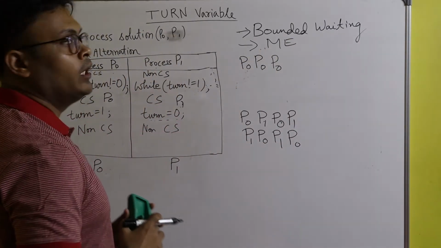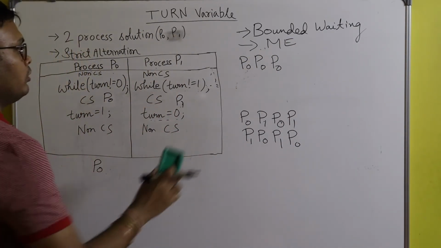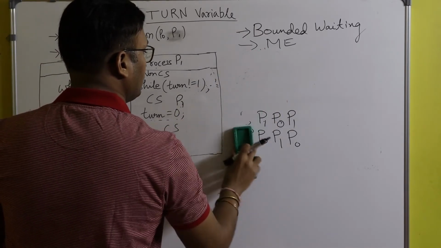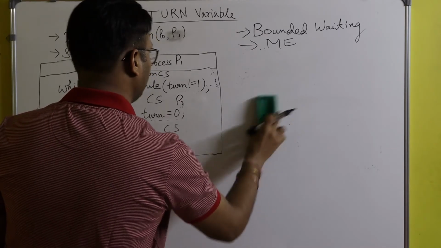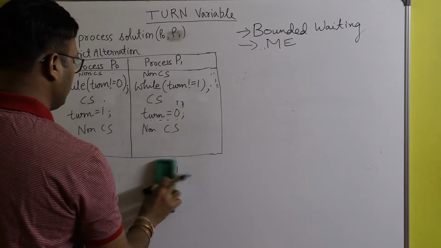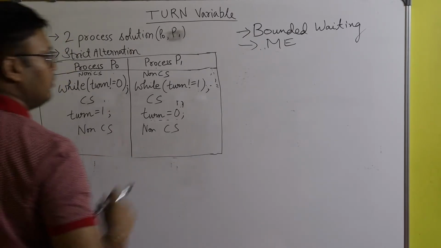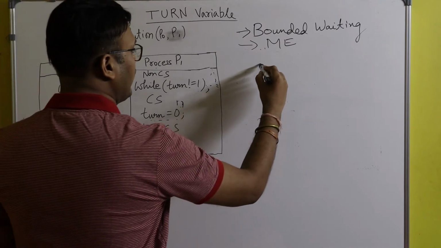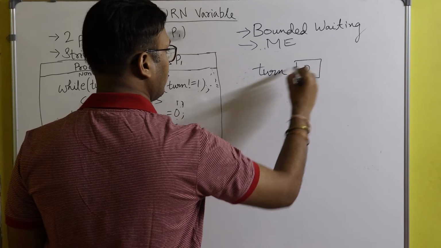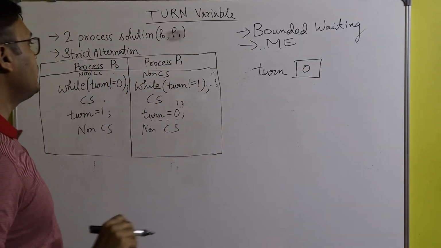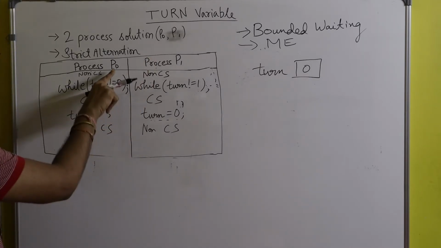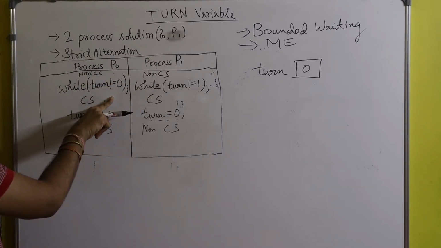Fine. So let's see whether progress is there or not. Suppose the value of turn is 0. If the value of turn is 0, it means process P0 can enter inside the critical section. Suppose here both P0 and P1 want to enter inside the critical section.